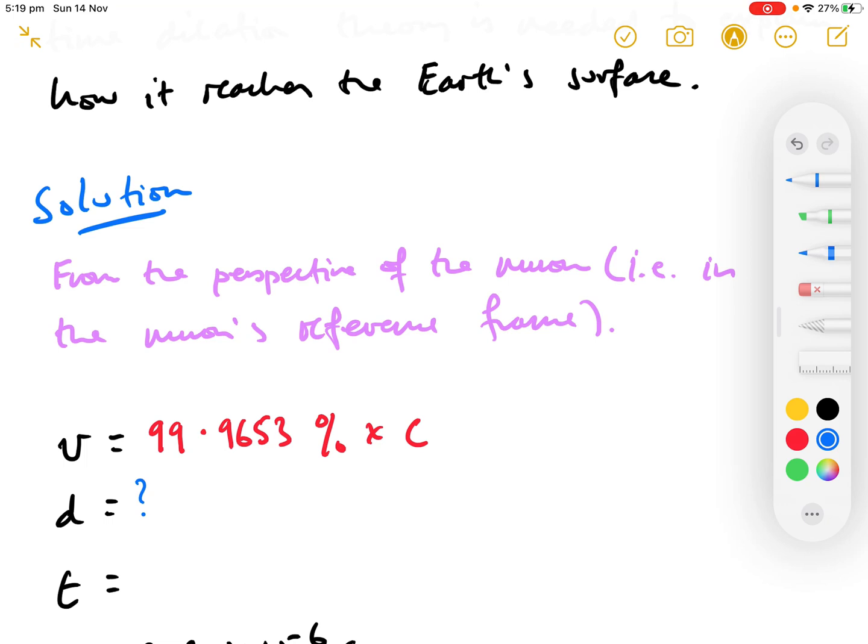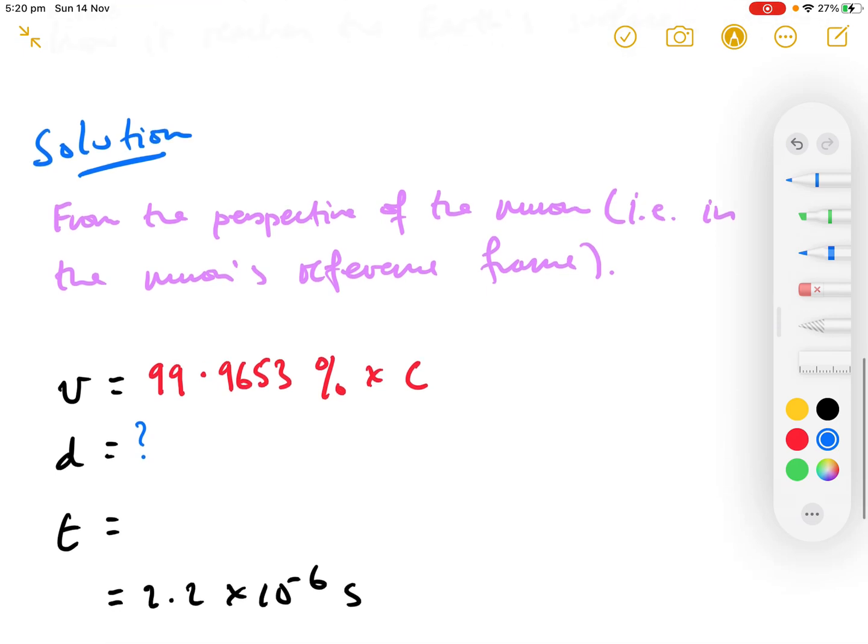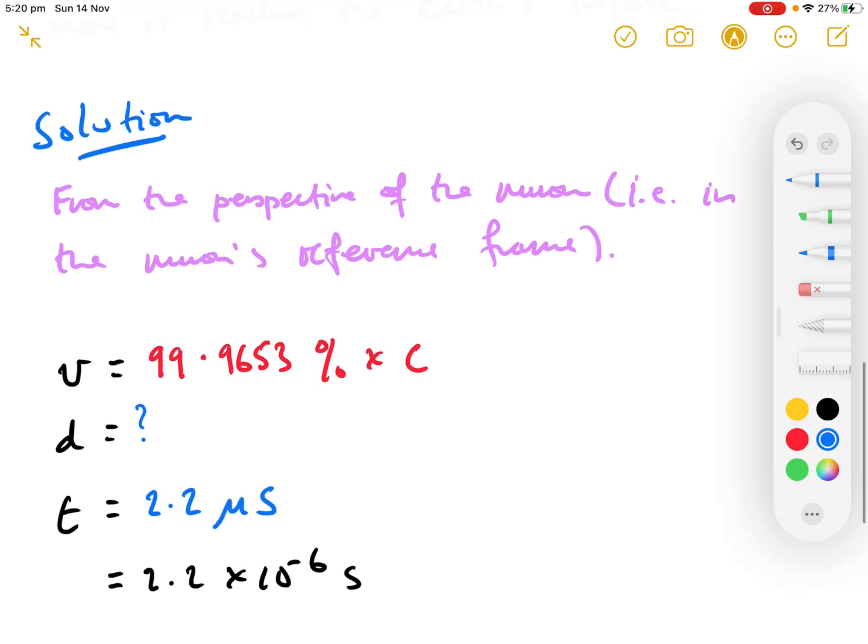Let's work out how far that muon would travel as seen by the muon, given the time that it has to exist. And that time, of course, is the 2.2 microseconds, which I'll put in scientific notation there.